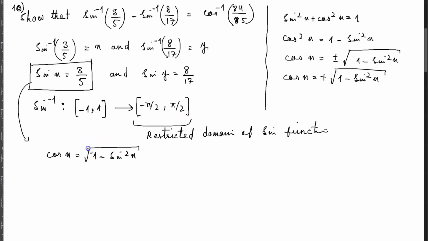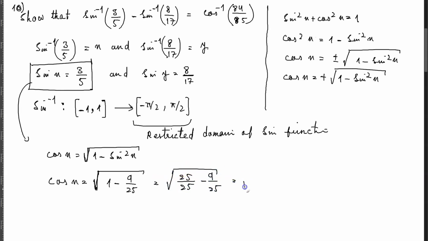Then cos of x is equal to the square root of 1 minus 9 by 25, and then I can write this as the square root of 25 by 25 minus 9 by 25, which is equal to the square root of 16 by 25, which is equal to 4/5. That means that cos of x is equal to 4/5.